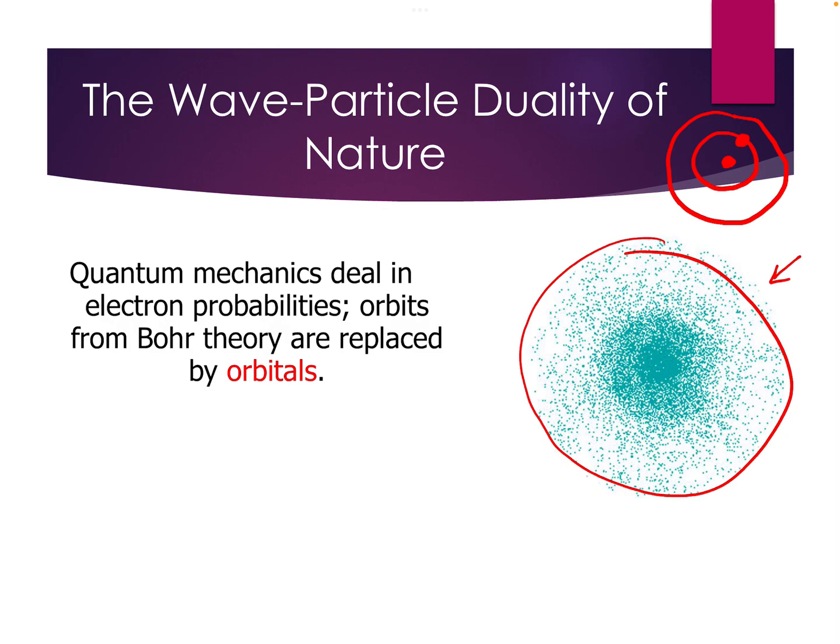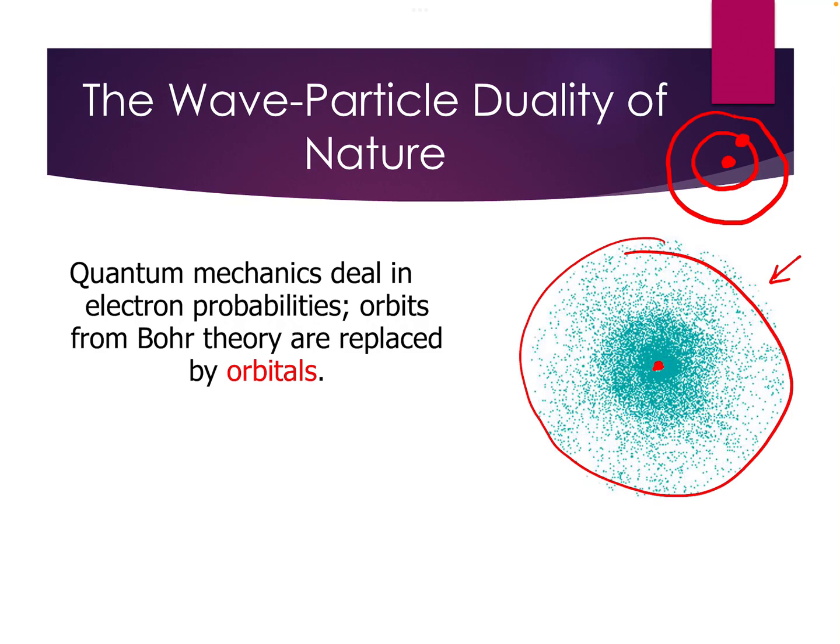This is the atom. Here's our nucleus, and you see all of those dots. You may at first think, wow, that's a lot of electrons. No, it's actually just one electron. This is the model for the hydrogen atom, and all of those blue dots are showing all of the different places that one electron could be.